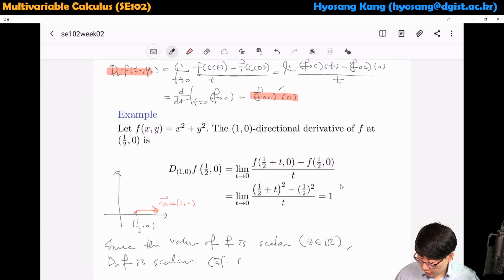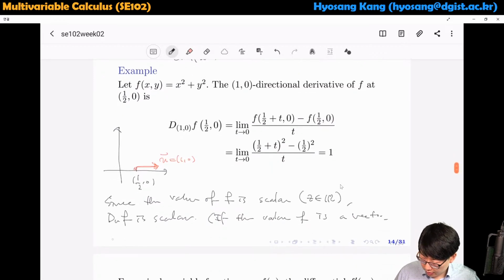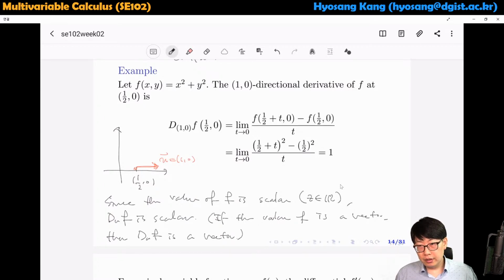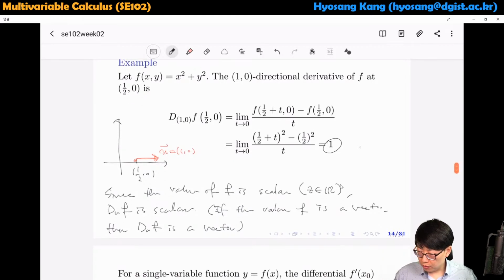If the value of f is a vector, then D_u f is a vector. So it depends on the type of the value of your function. But we are talking about the real valued function f, so the directional derivative is a scalar. So here you also get the scalar 1.